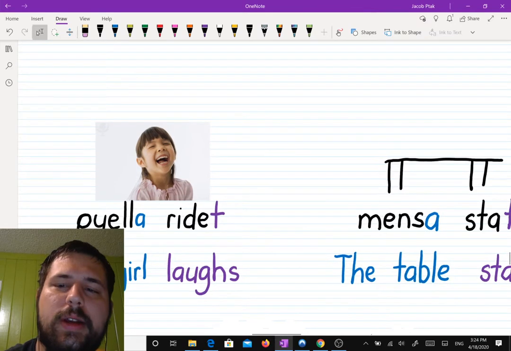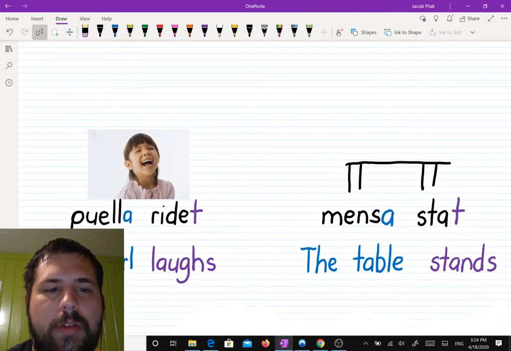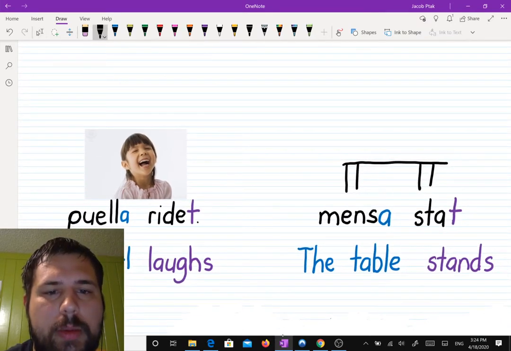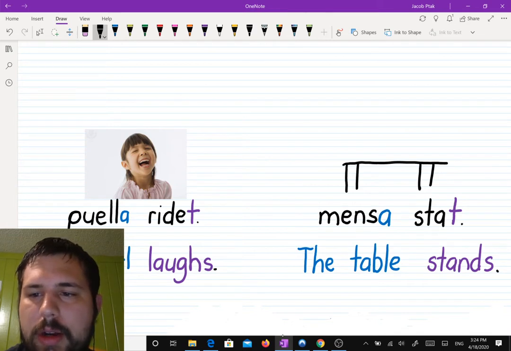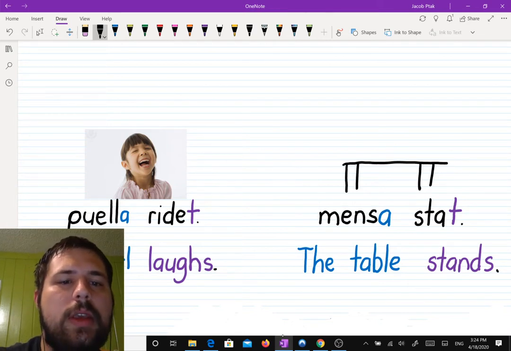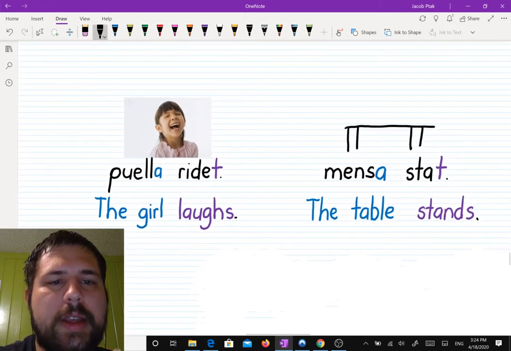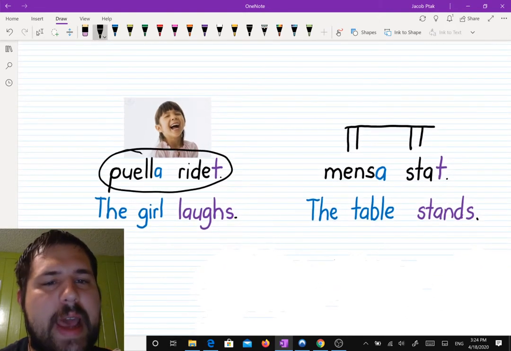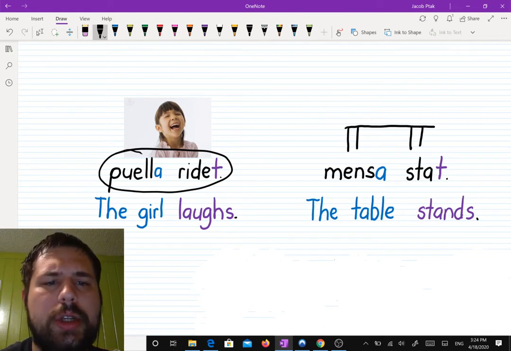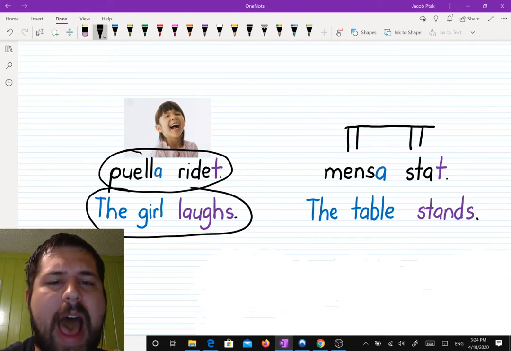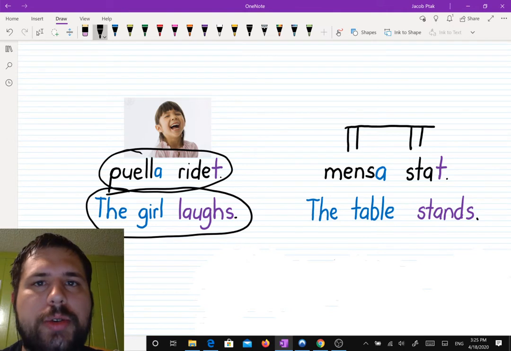So down here are two complete sentences. So I should probably put periods because they are complete sentences. Your first sentence over here on the left is Puella ridet, which means in English, the girl laughs. Puella ridet, the girl laughs.